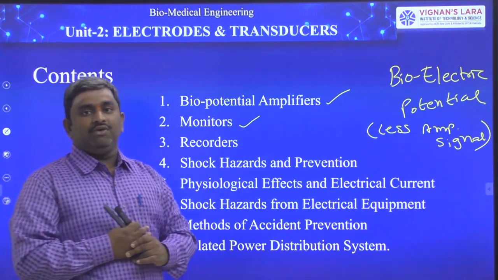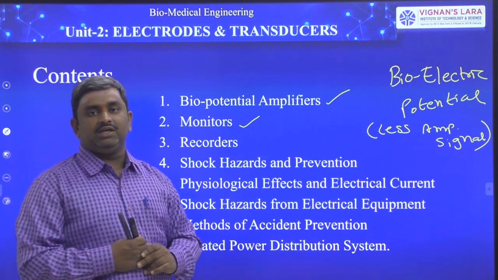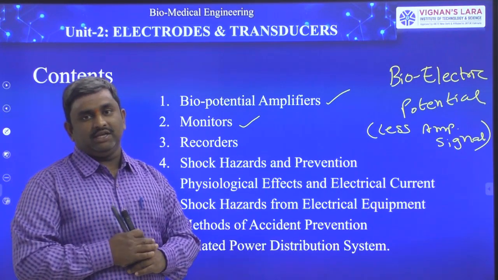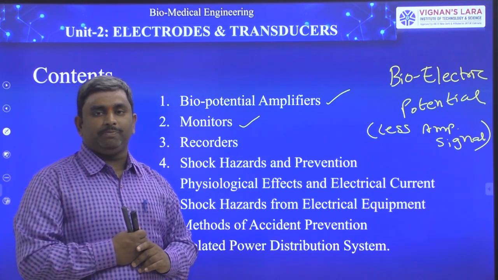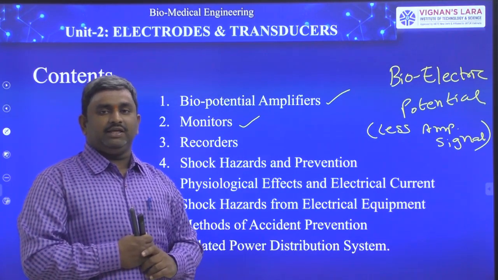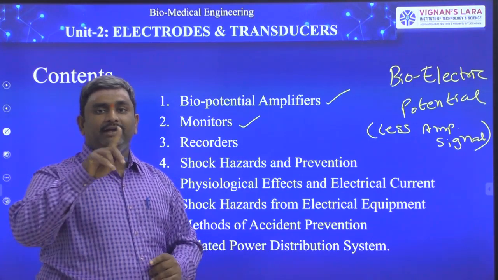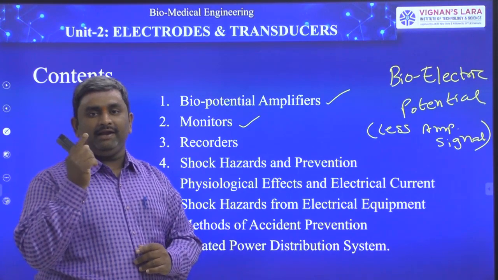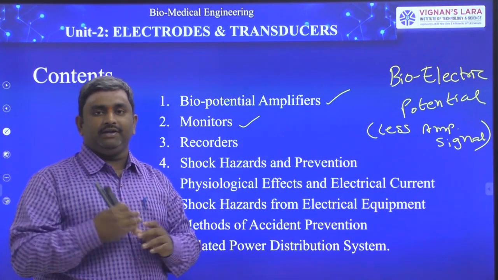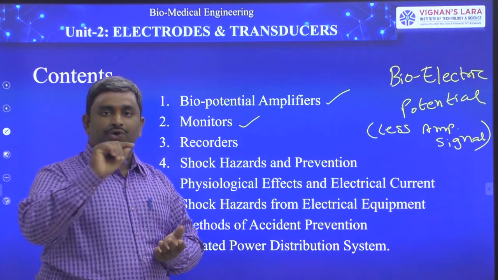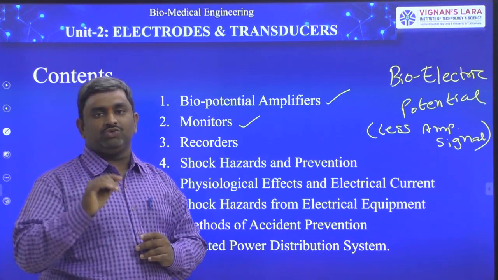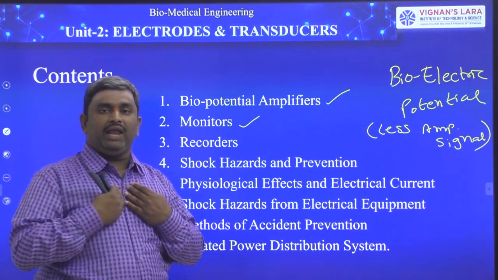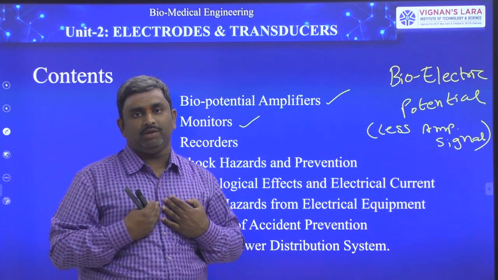Next, recorders. Recorders are nothing but olden days printers. In the present day we have inkjet printers and laser printers. In the previous days, we had pen type printers, with a pen type arrangement in the printer. That printer draws the signal that identifies the bioelectric potential from the human body.